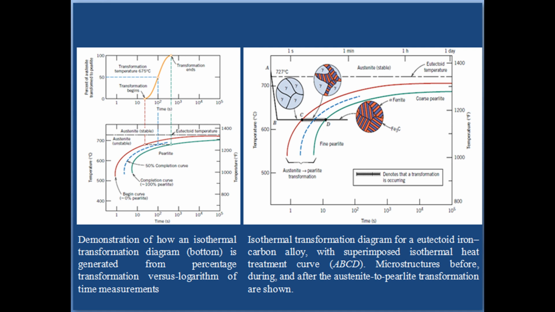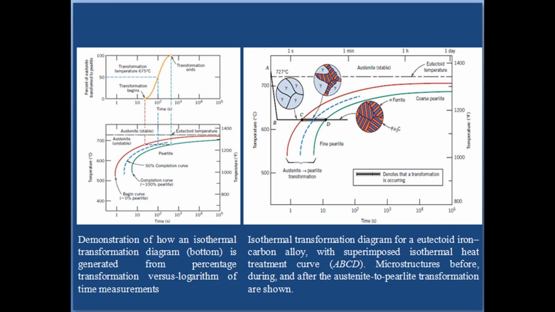Also, microstructures before, during, and after the austenite to pearlite transformation with the help of a figure. Now, we will proceed with the first point, that is, a demonstration of how an isothermal transformation diagram is generated from percentage transformation versus logarithm of time measurements.